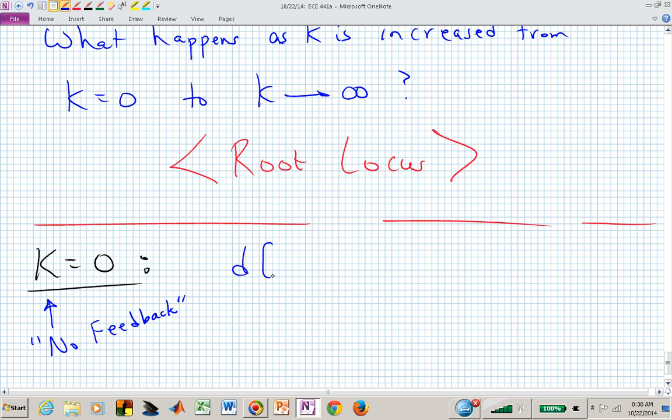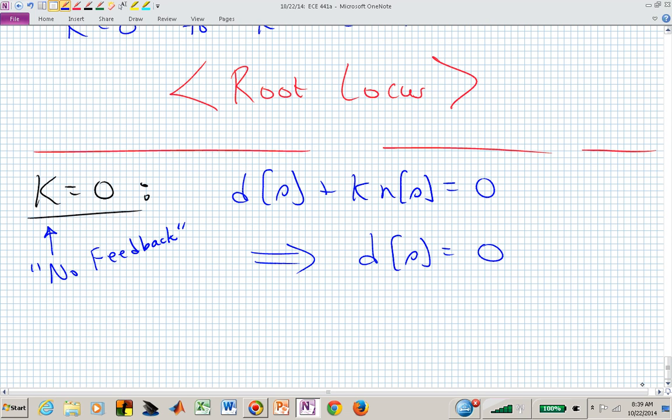Our expression was d of s plus k n of s equal to 0. With k equal to 0, how does that impact that expression? Now we're just going to have d of s equal to 0. And what are the values of s that satisfy that equation?